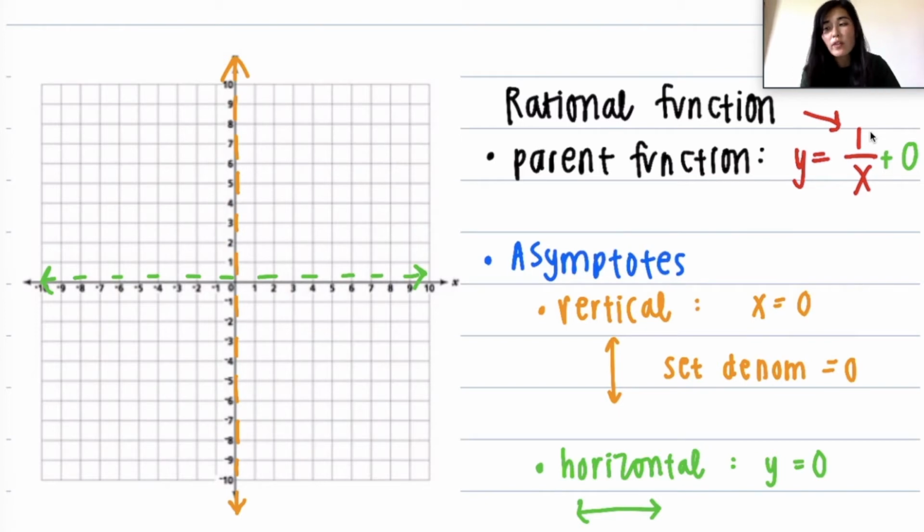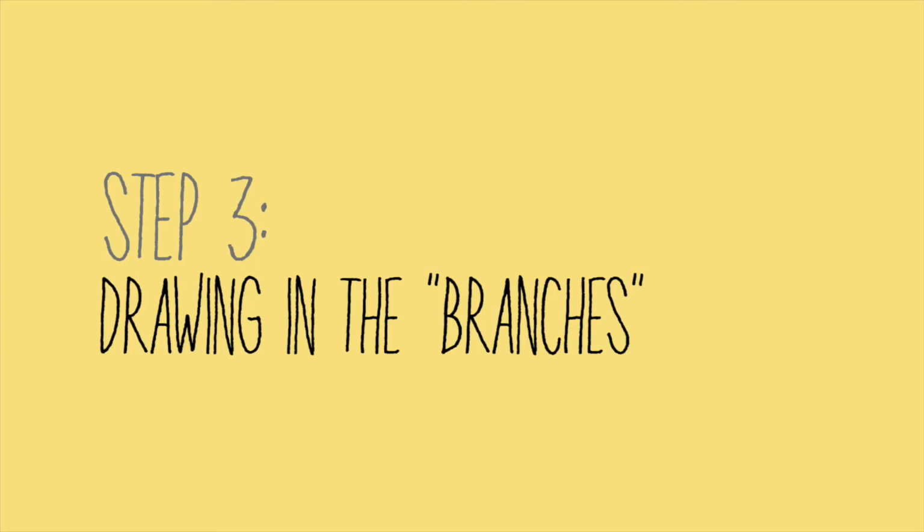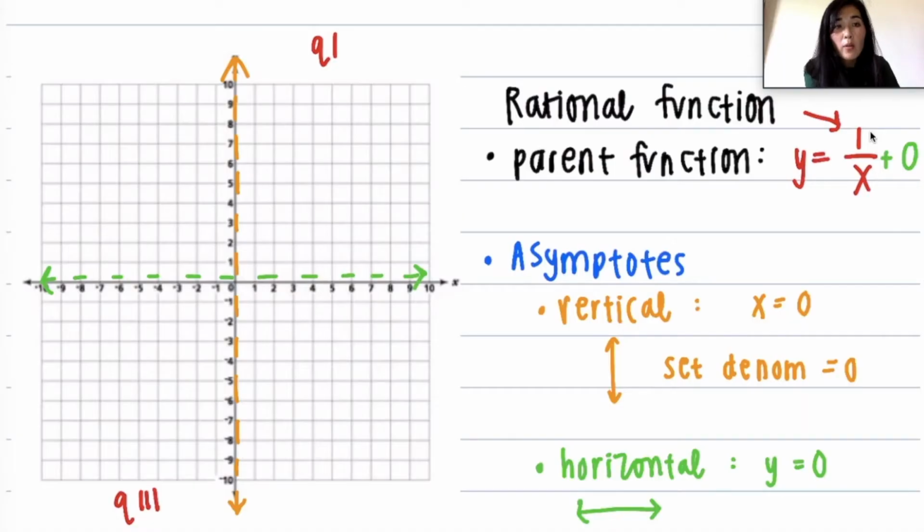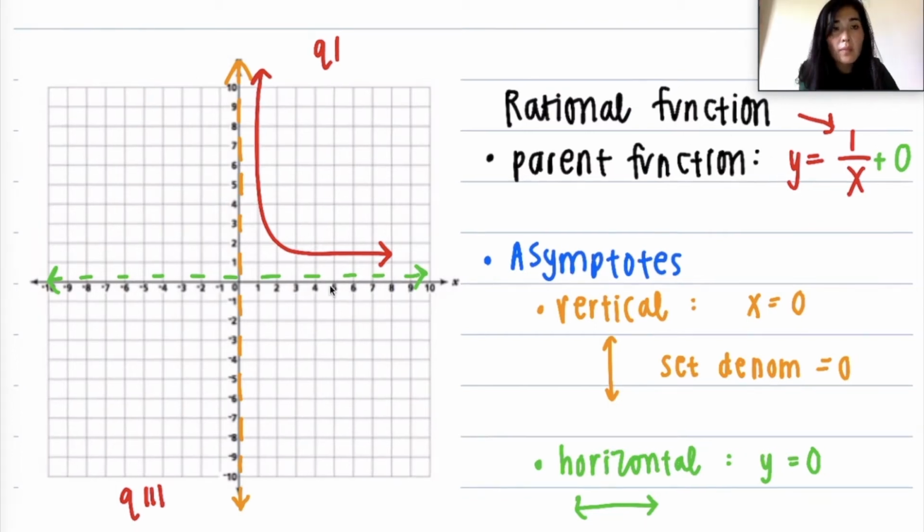If your graph is positive, you are going to have your graph in quadrant 1 and quadrant 3. All right, the shape of your graph is actually going to look something like this. So it's going to be similar to that exponential decay here. It's going to come really close to this line, and then it's going to branch out this way.